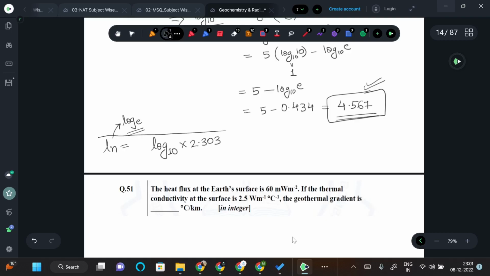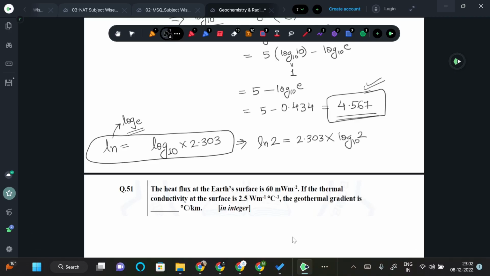So you can remember these little things. So how this will imply is, if ln 2 is there, this means it is 2.303 into log base 10 of 2. Did you get this point?